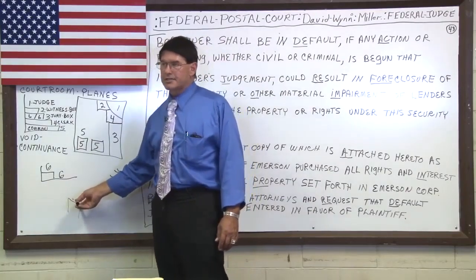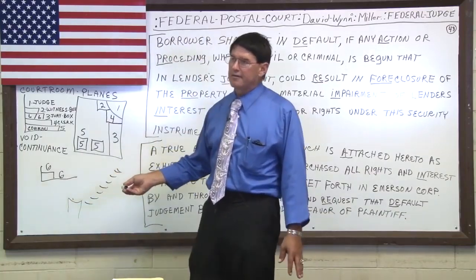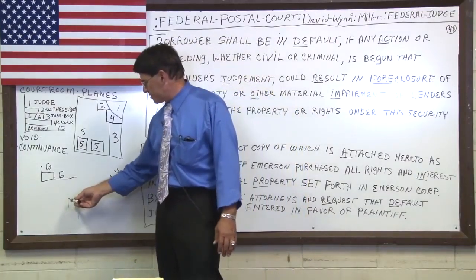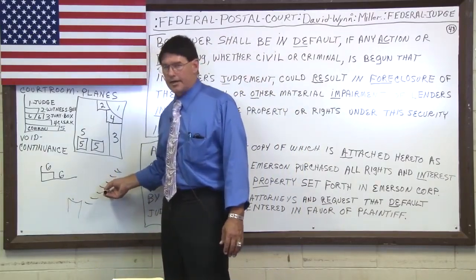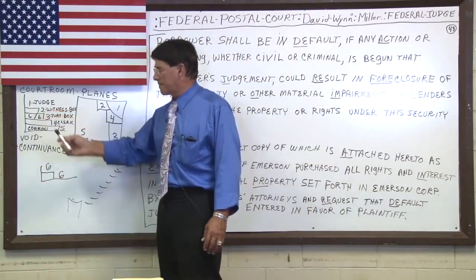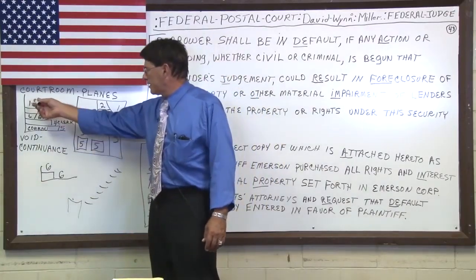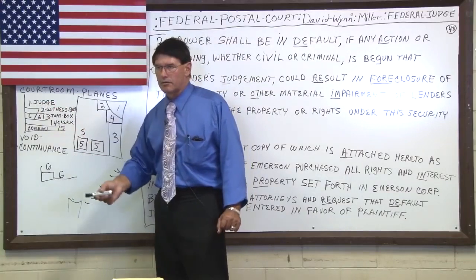Now the actor, ACT, is a vowel and 2 consonants, which means no contract. So there's no continuance of evidence between the actor and the audience. The same thing in the courtroom. There's no continuance of evidence between the actor and what is going on in the courtroom.